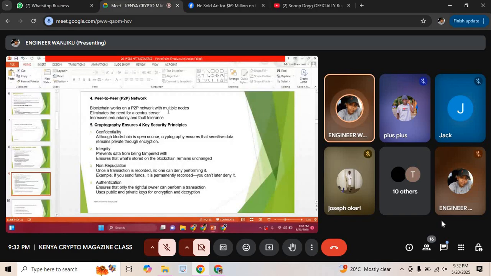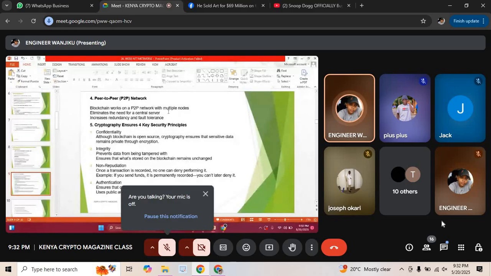Cryptography, the technology that ensures security in the blockchain. Number 1, it ensures confidentiality. Although blockchain is open source, remember I said the blockchain is open source, everyone can see everything happening on the data. Though the blockchain is open source, cryptography ensures that sensitive data remains private through encryption.